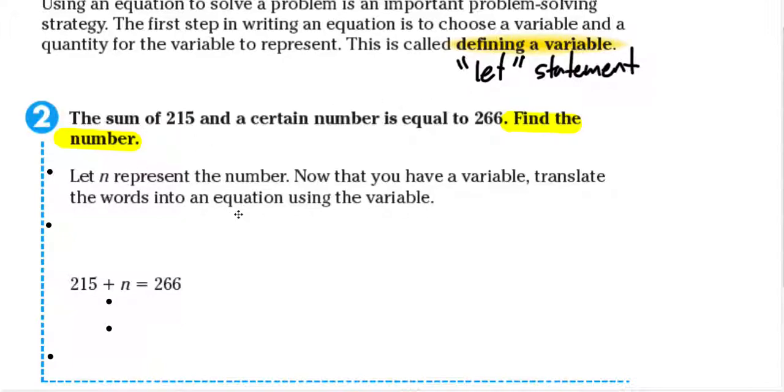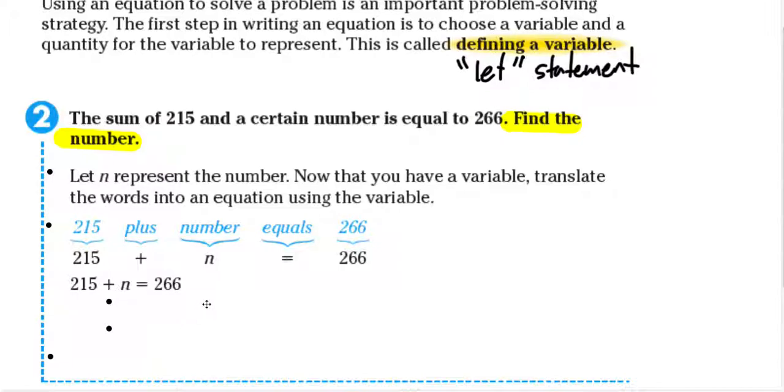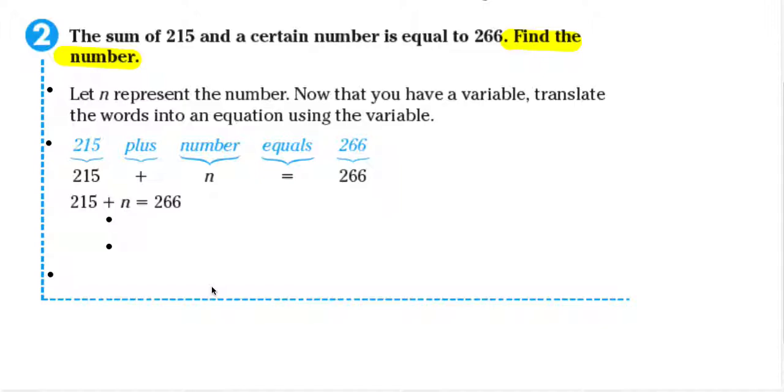Now that you have the variable, translate the words into an equation using the variable. So if n is our number, let's go back to the problem. The sum of 215 and a certain number is equal to 266. Okay, so now this becomes 215 and a certain number, plus n, equals 266. You end up with 215 plus n equals 266.